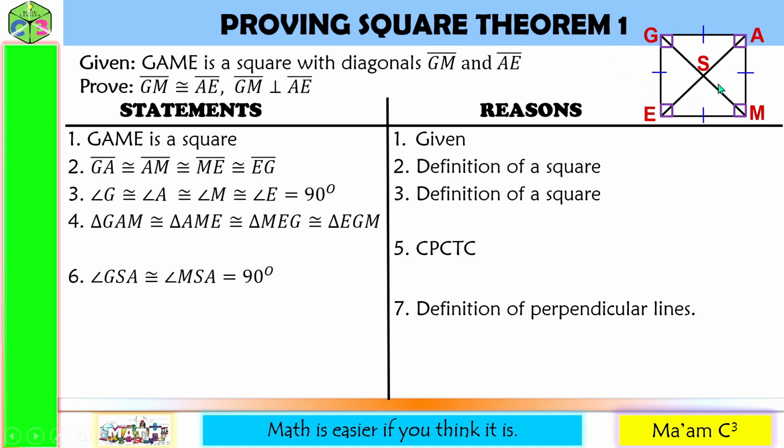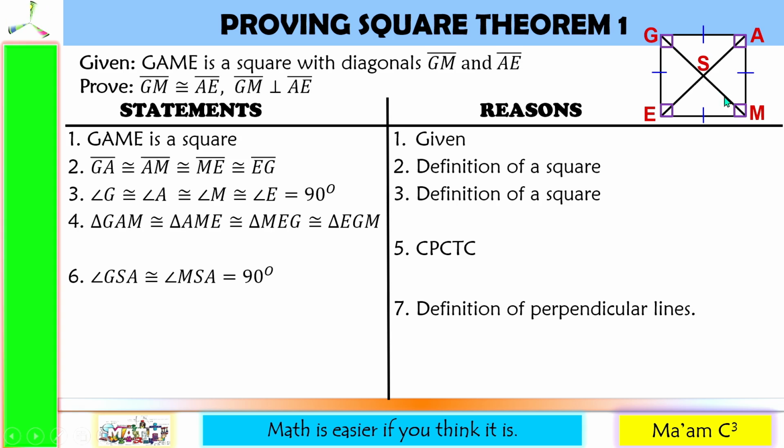If we are going to take a look at our figure here, the two sides are congruent and it is a right angle, meaning each triangle here is an isosceles right triangle. If this is a right triangle, definitely the side opposite it is the hypotenuse.